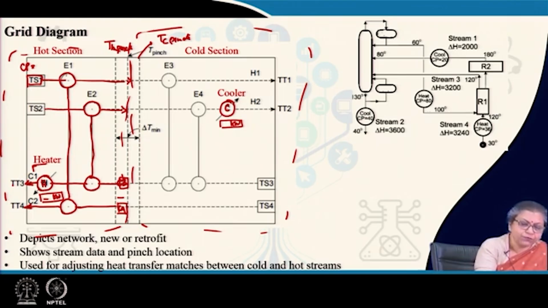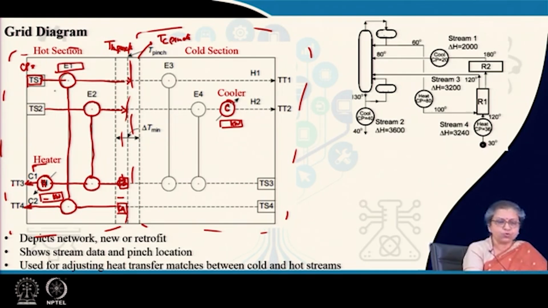For all the exchangers you can write down the amount of heat exchange taking place across the particular streams. Once you have arranged the whole grid diagram, remember one thing: it is supposed to show you stream data, not only stream data, the start temperature, target temperature, the direction, everything.